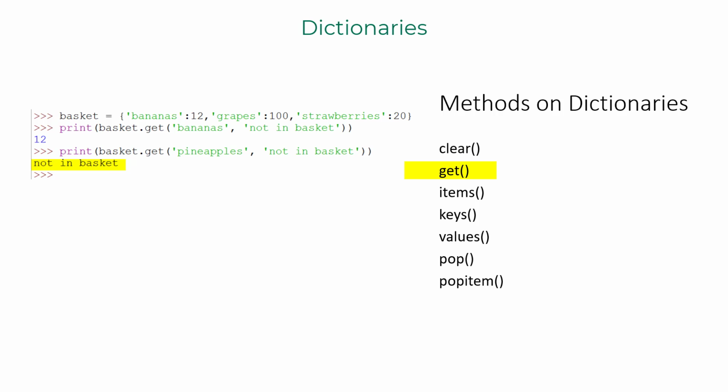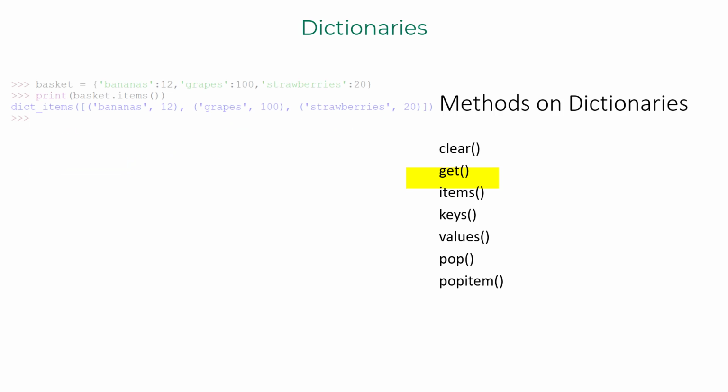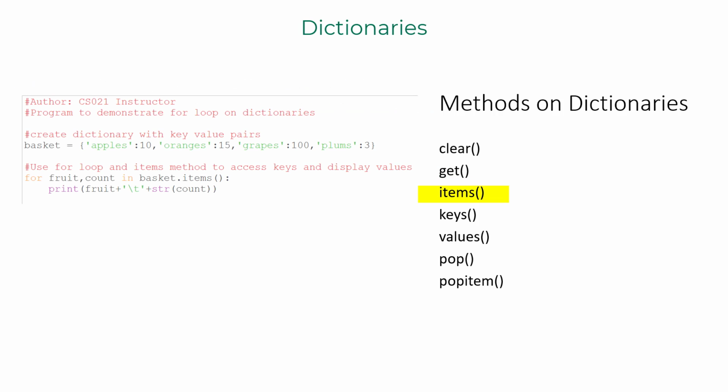If you would like to examine all the contents of a dictionary and import them to a list, you can do it using the items method. The key value pairs are converted to tuples and are placed in a list. If you would like to iterate over all key value pairs in a dictionary, you can do it this way.